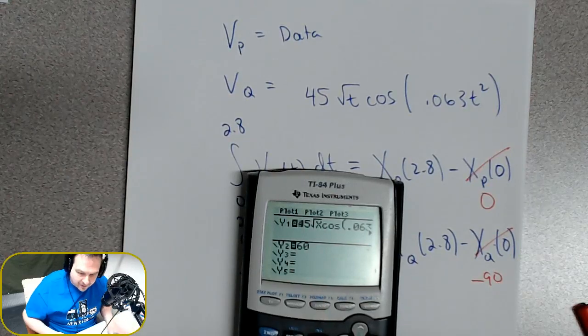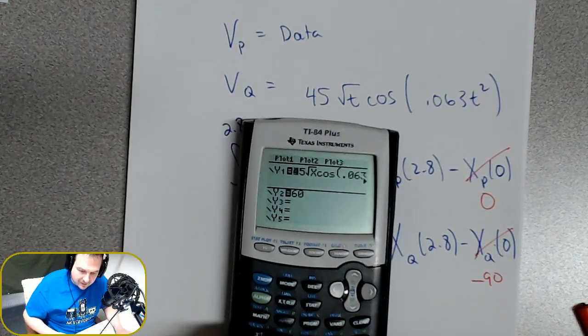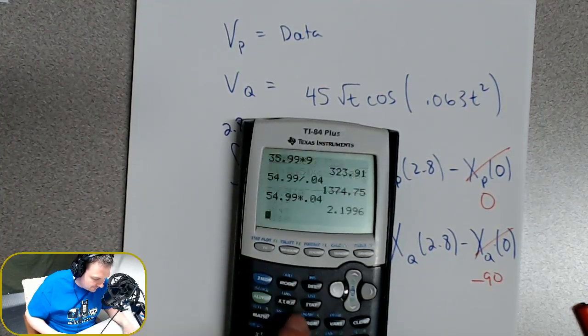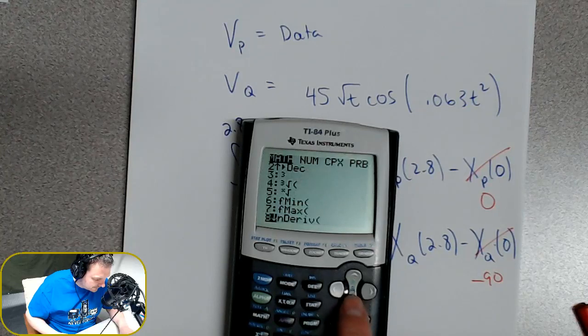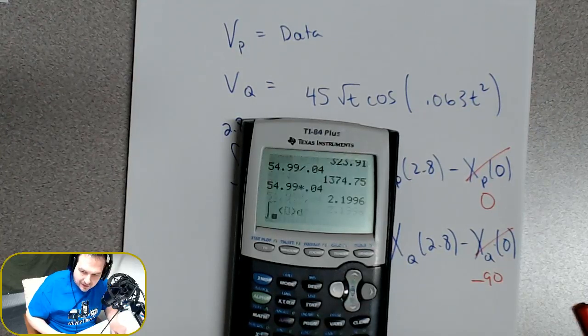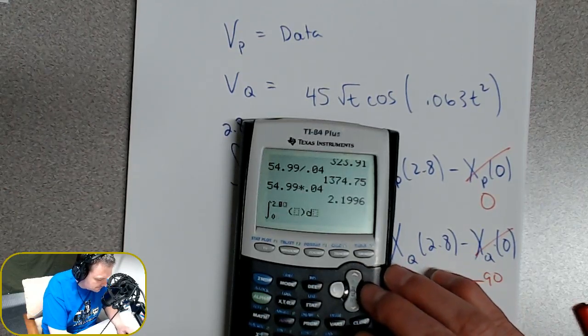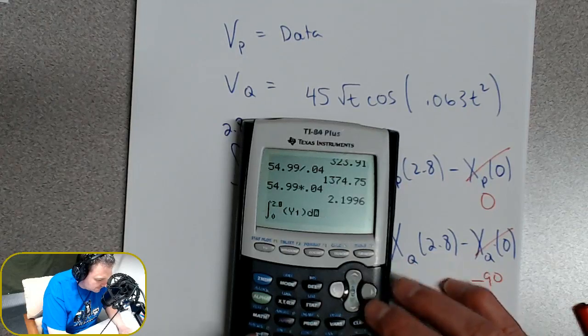So the equation, I just typed that equation in there. That's what V of Q is. So I type that equation in here, and I go back to my home screen, make sure it's in there, and I go math. Integral was number 9. And I'm going from 0 to 2.8 of my y1, of x.